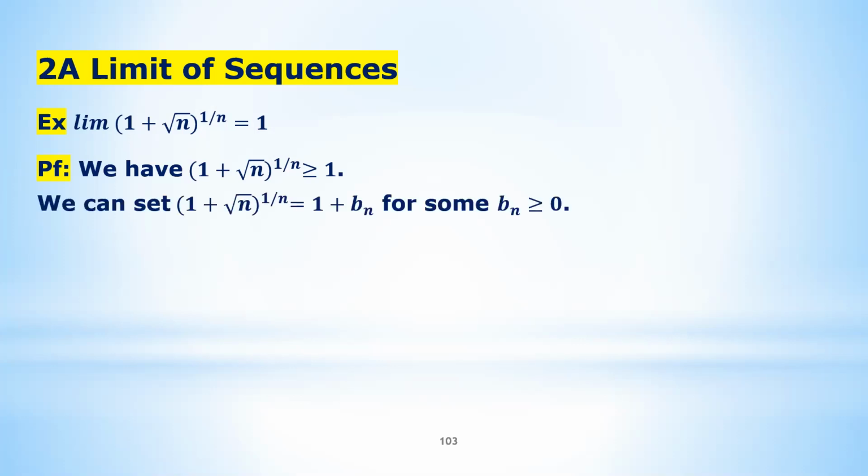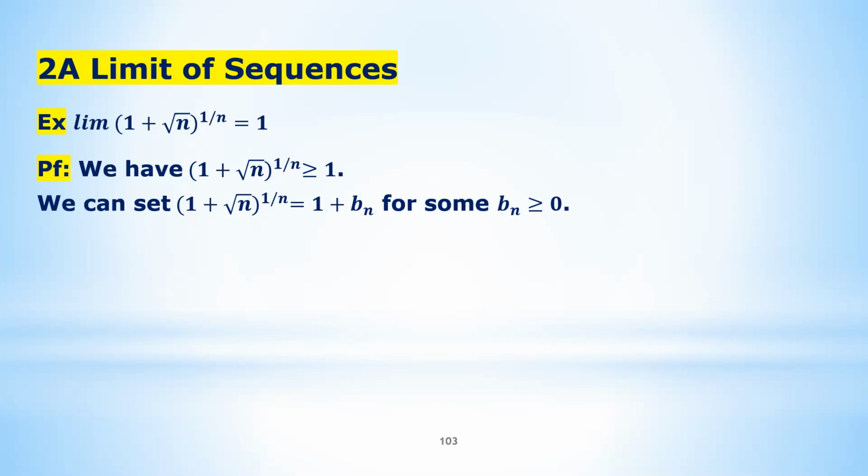So we begin in the regular way. You observe that (1 plus square root n) to the power of 1 over n is greater than or equal to 1. Obviously, therefore I can set this equal to 1 plus bn. So bn is defined through this expression minus 1, which is greater than or equal to 0.